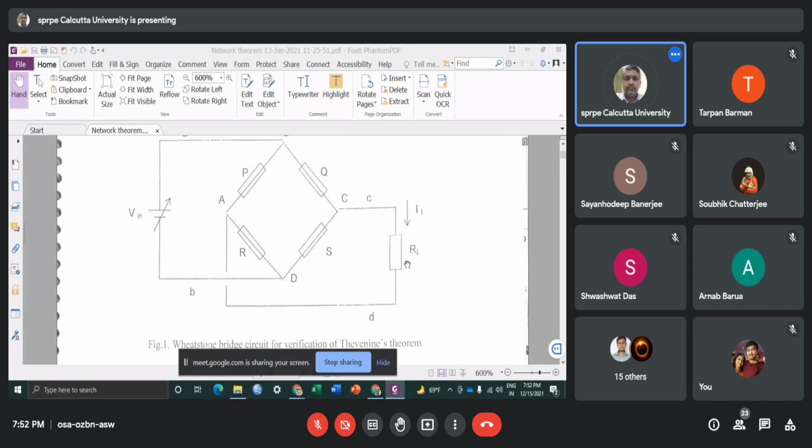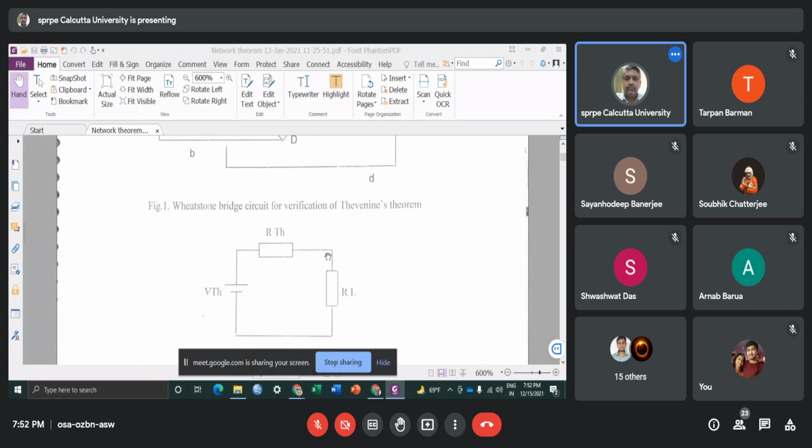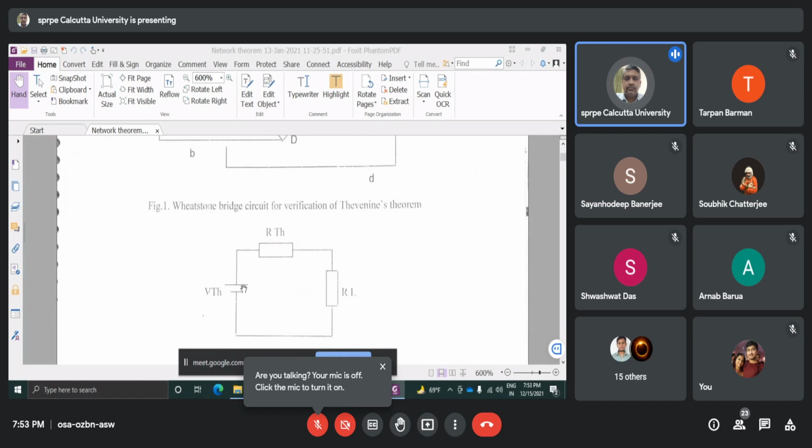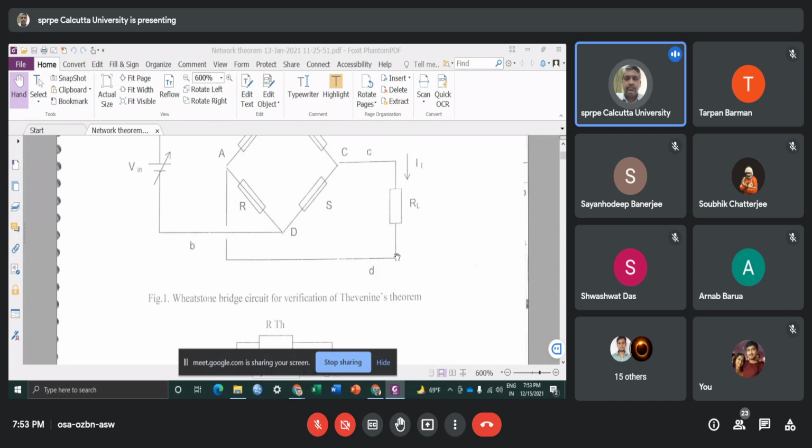Okay. Now this Wheatstone bridge resistive circuit can equivalently be thought of as a simple circuit, which is an equivalent circuit of this particular experimental circuit, consisting of a voltage source VTH, a resistance RTH, and this load resistance RL.